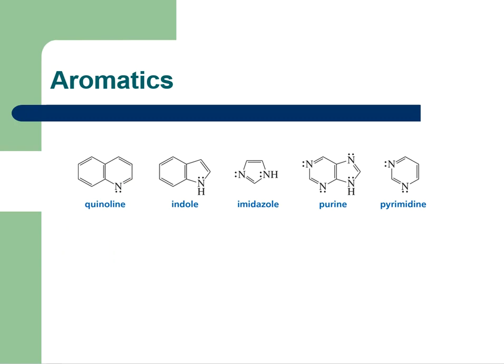Now let's take a look at these molecules that we have here. The two to the right-hand side, these are purine and pyrimidine. And purine and pyrimidine, folks, this is kind of the base of DNA.